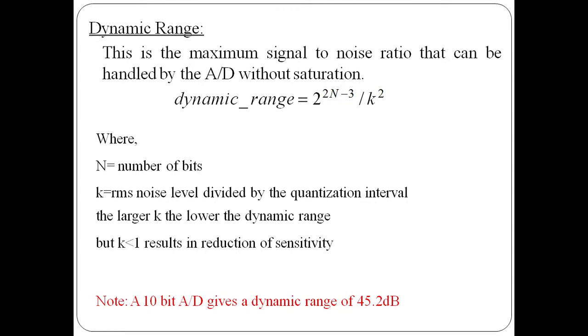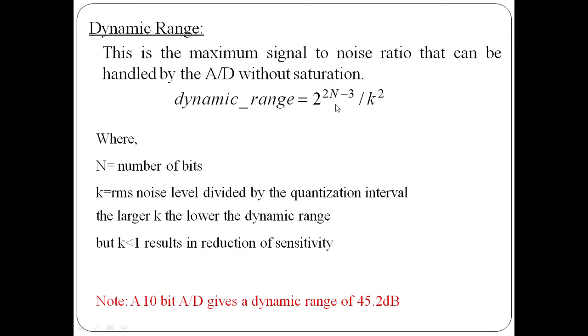As n increases, the quantization interval increases. As the denominator in this k increases, this k value decreases. As this k value decreases, the dynamic range reduces. It will lower the dynamic range. Alternatively, when k is less than 1, this results in a reduction of the sensitivity of the A to D converter.